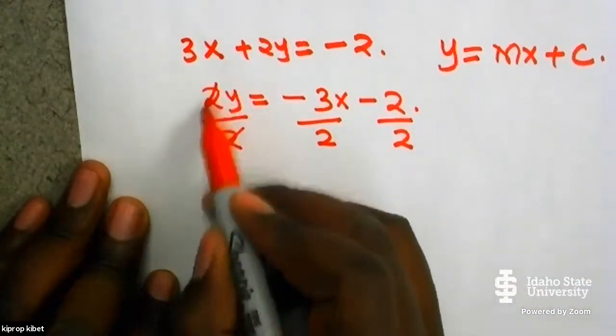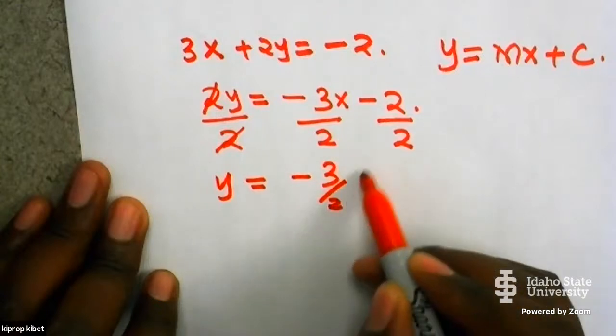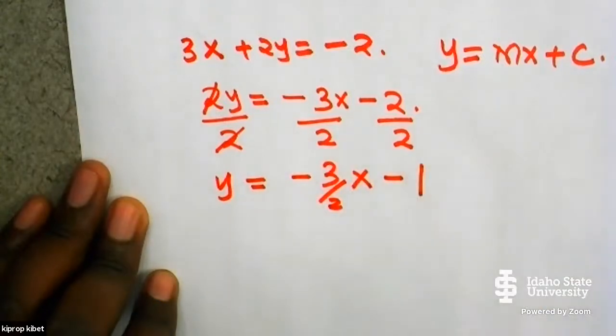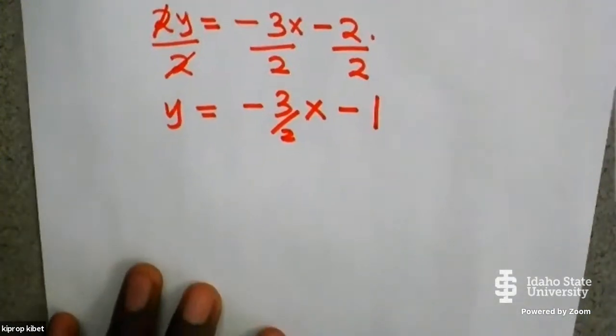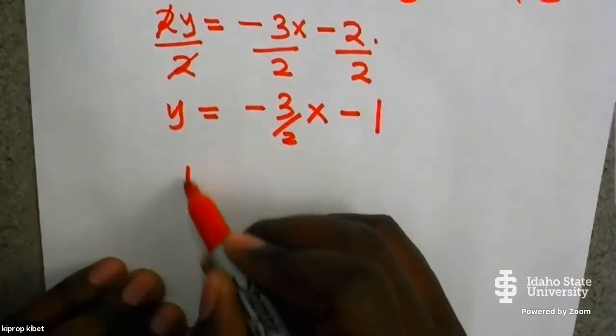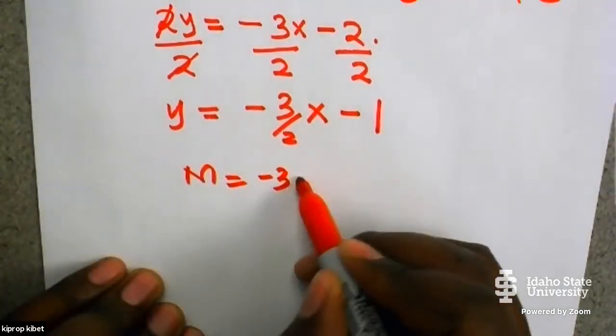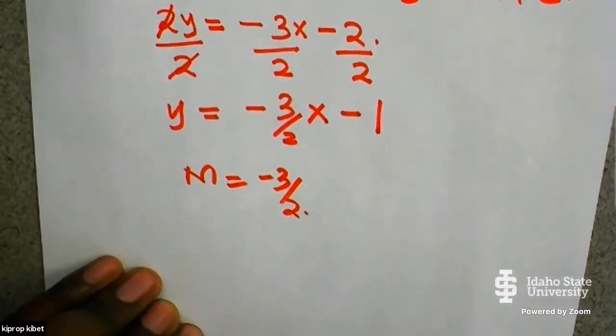So y equals -3 over 2 x minus 1. So m equals -3 over 2. What is our slope? What is our y-intercept?